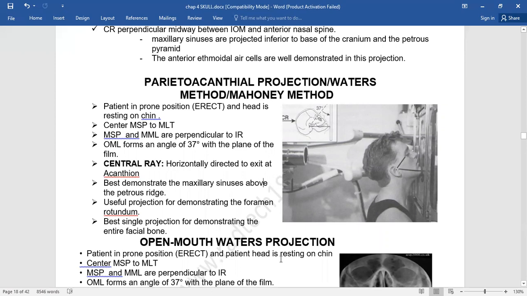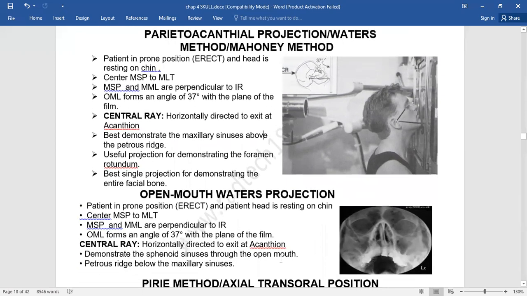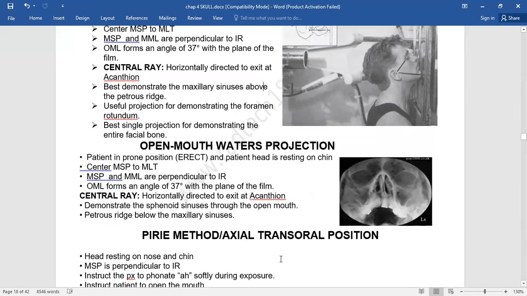So there is a modification for Waters, which is what we call the open mouth Waters projection. Syempre, from the name itself, nakanganga yung patient. The same position sa Waters, kaya lang nakanganga yung patient. Central ray, pareho pa din to exit acanthion, but it demonstrates the sphenoid sinuses through the open mouth.